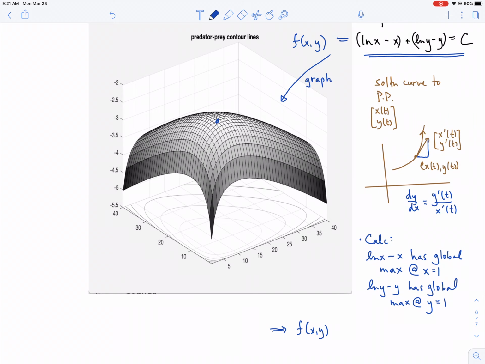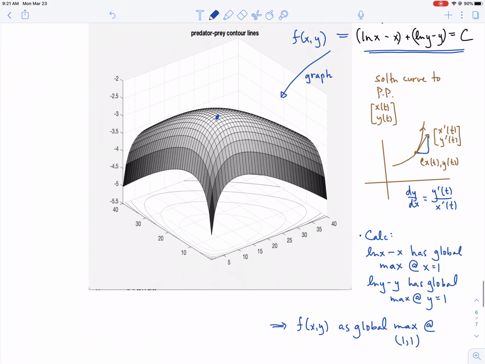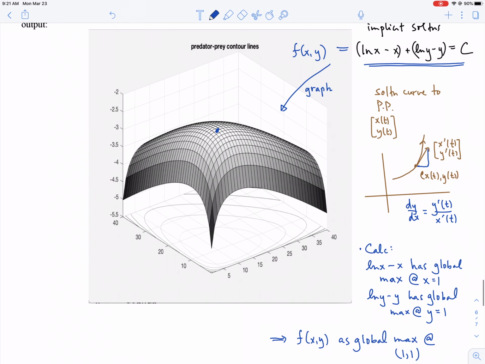So you deduce that f of xy has a global max at 1, 1. And so if you start close to 1, 1, and you have to stay on the contours of f, you're going to stay close to 1, 1.